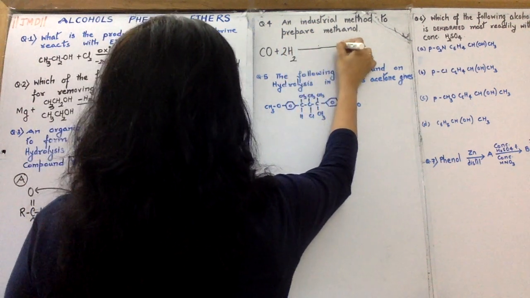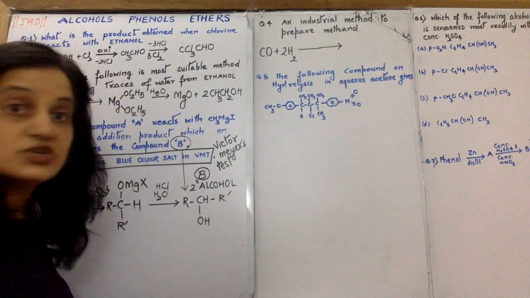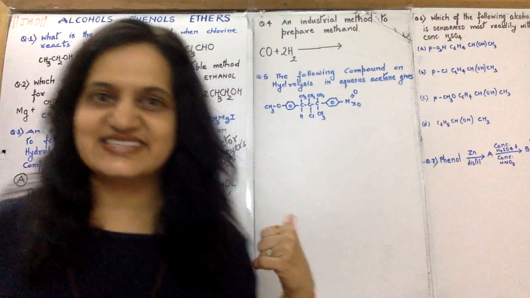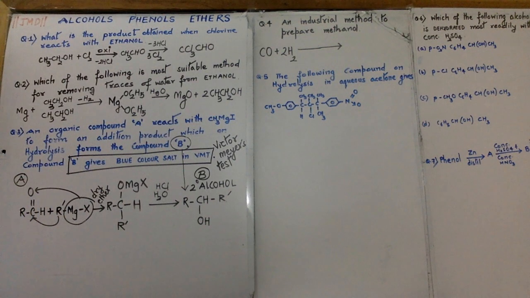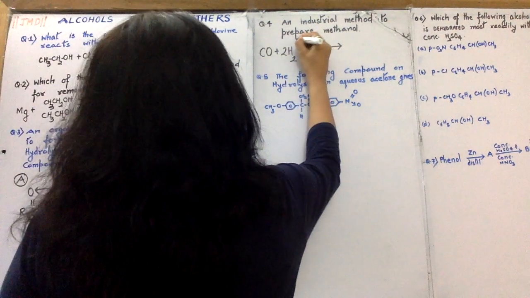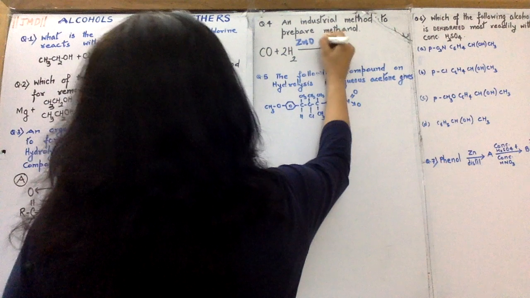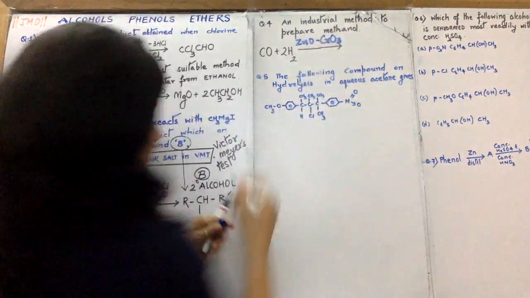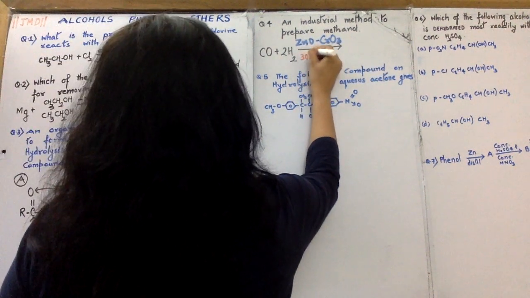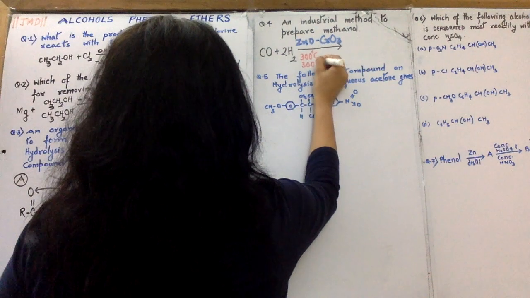It is in our notes on page 127. APE 127, my handwritten notes, this is there. Anyway, so carbon monoxide combines with hydrogen in presence of ZnO and CrO3, at 300 degrees centigrade and 300 atmospheres.